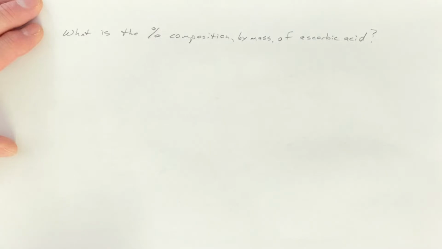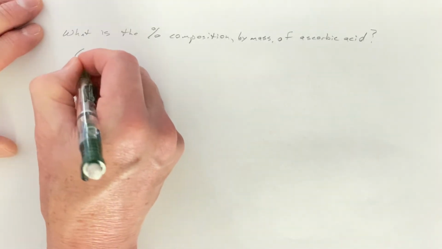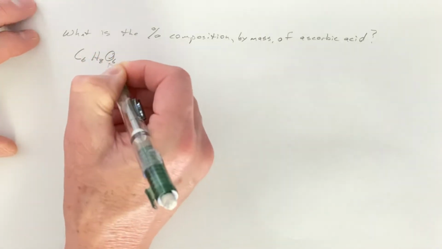Again, we know the formula for ascorbic acid is C6H8O6.